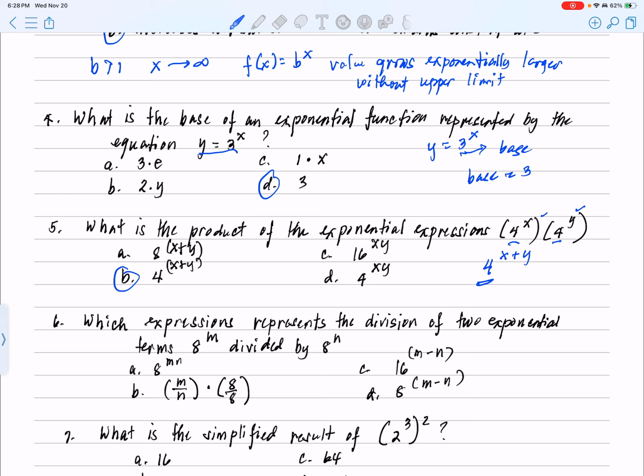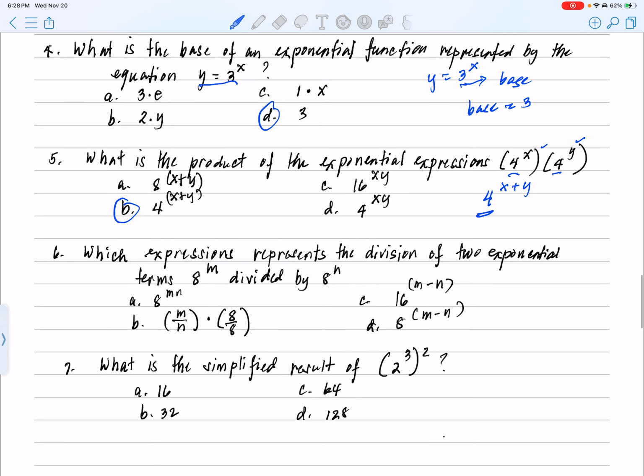Let's have number 6. Which expressions represent a division of two exponential terms? A to the power of m. It's division, that means it divides by a to the power of n.